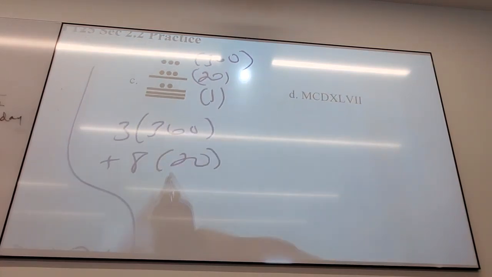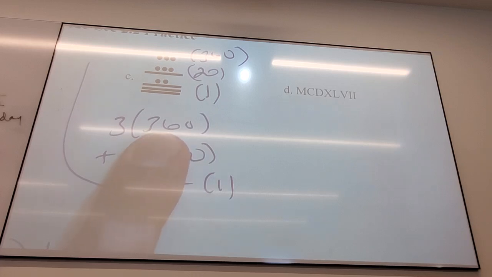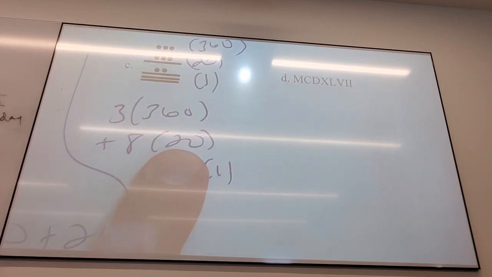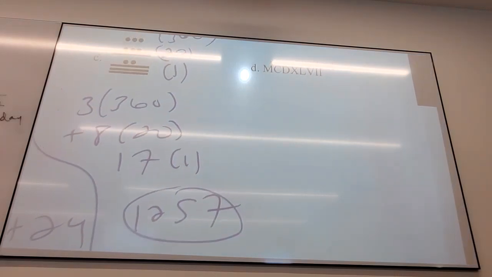And how many 1s do I have? 17. And then I just have to put that number back together. So I get 1,080 plus 160 is 1,240? 1,257? Thank you. Okay. Pretty good numbers, but it's good to have validation.